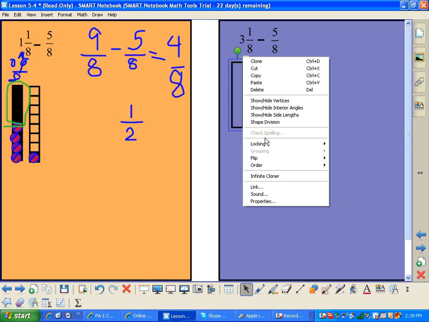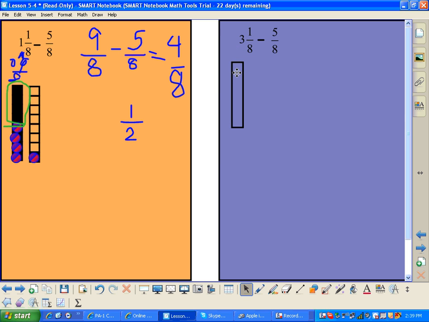I'm going to clone this. So I have 1, 2, and 3 wholes. But what else do I have? I have 1/8 of a whole, right?